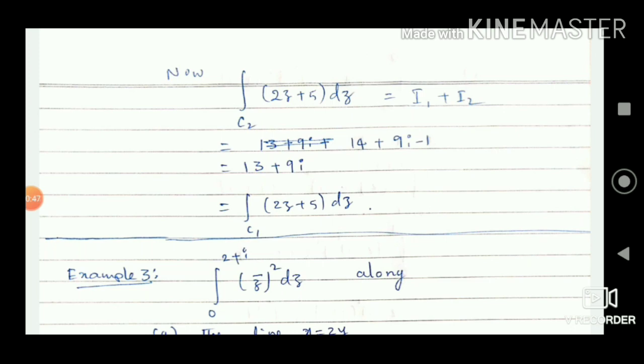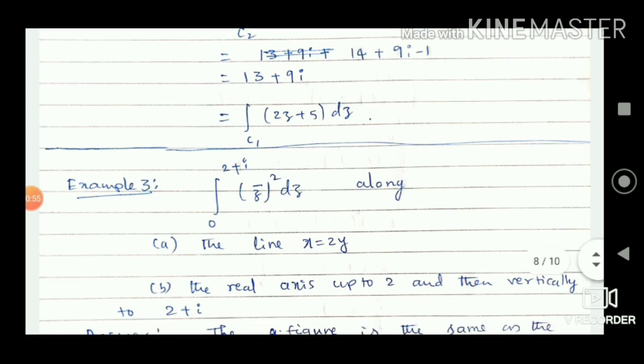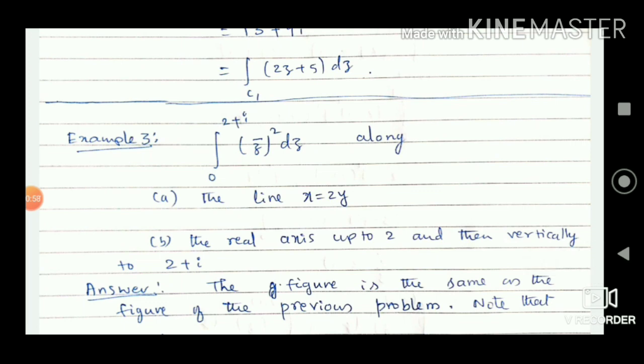So I am going to give an example where f of z is not analytic, and because of that the answer obtained in A will not be the same as the answer obtained in the case of B. To explain that, let me take the example 0 to 2 plus i. The function now is f of z equals z bar the whole square.